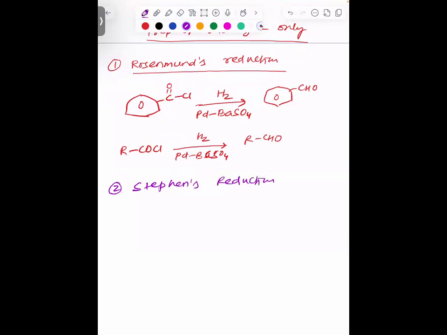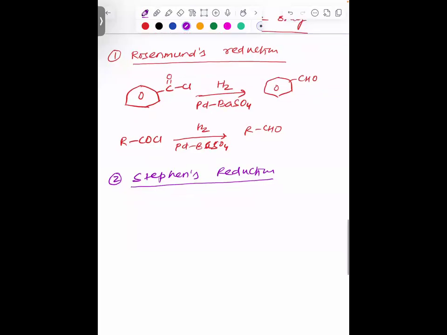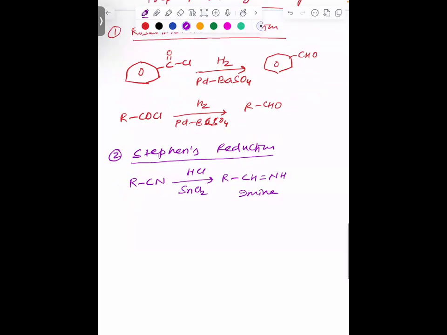Stephen's reduction. So here the reactant is nitrile. We have to take HCl, SnCl2, that will be reduced to give imine.